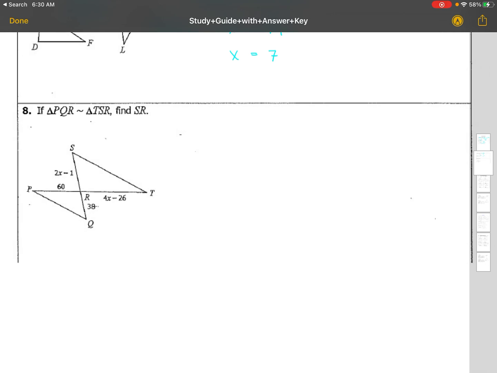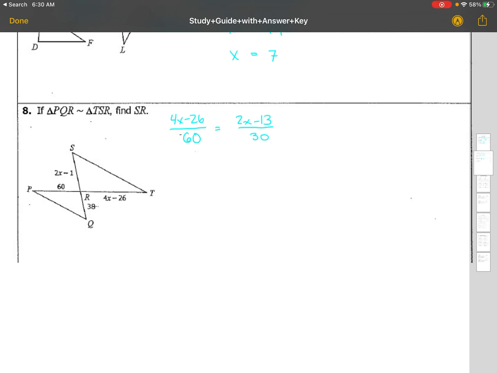Number 8, same kind of problem. PQR is similar to TSR. So we know PR is proportional to TR. So we would have 4x minus 26 divided by 60. 2 divides into both of those. So let's say that's 2x minus 13 divided by 30 to get a simplified fraction.